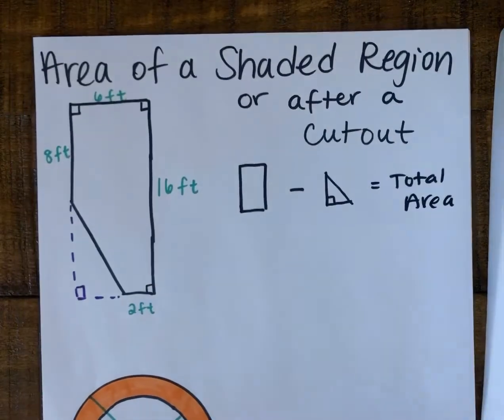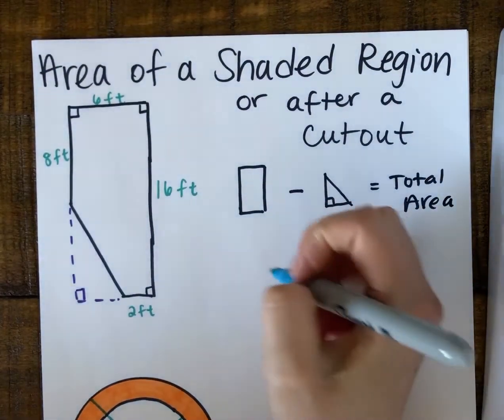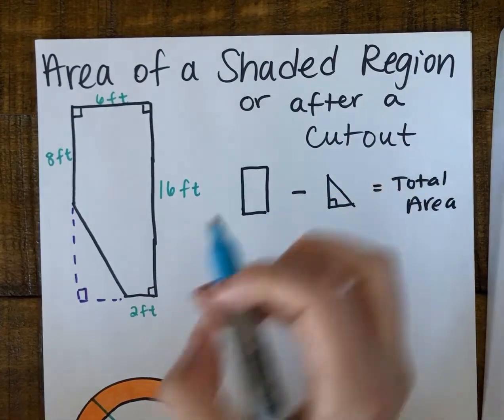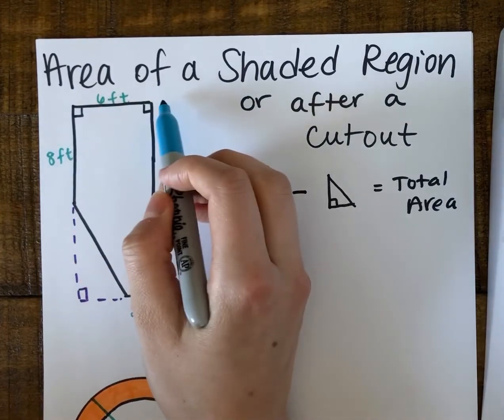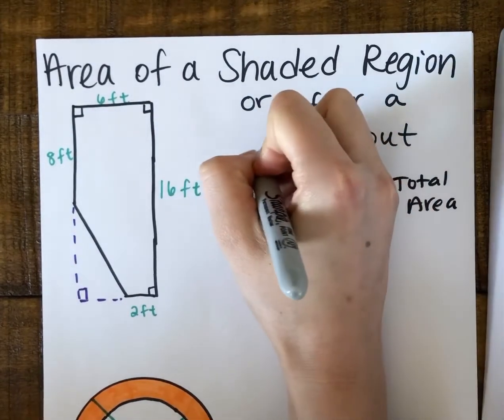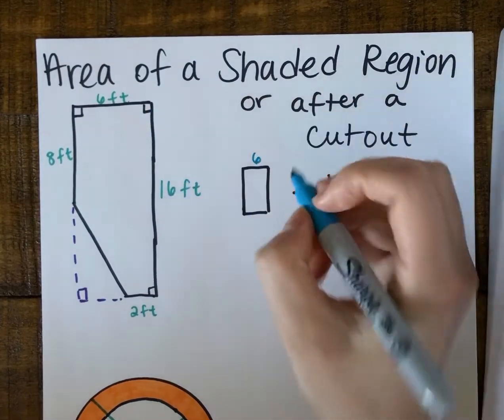Let's see. Okay, so thinking about the big rectangle, the big rectangle has 6 feet as the width. And then the big side, the whole side, is 16 feet.